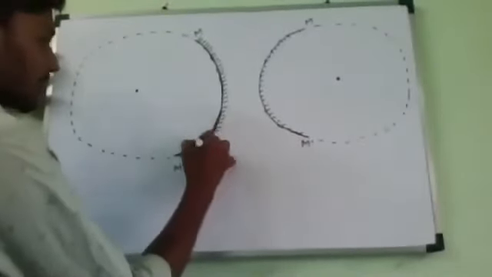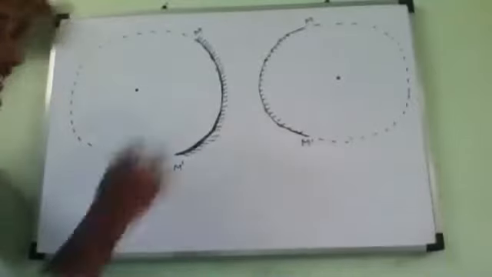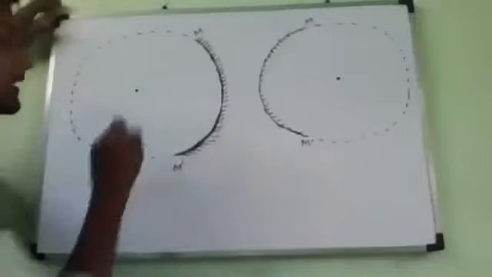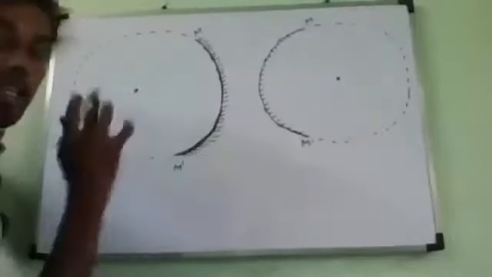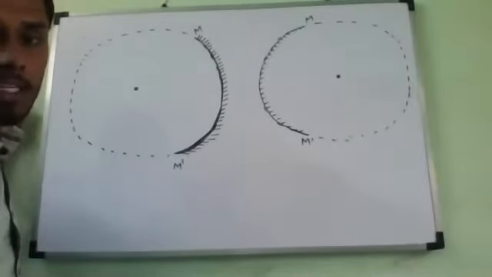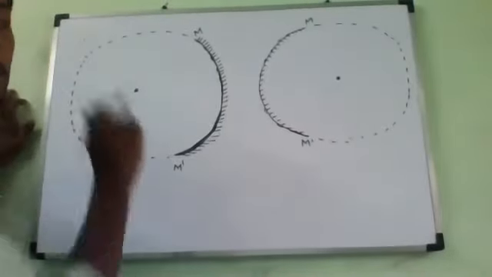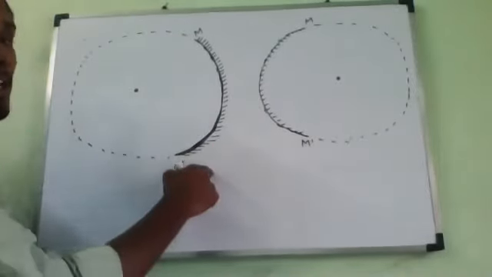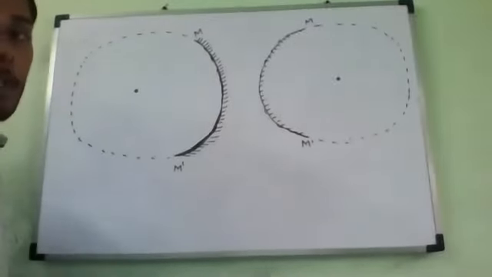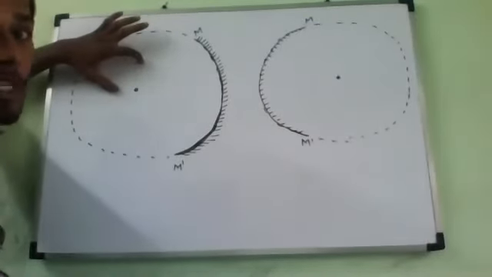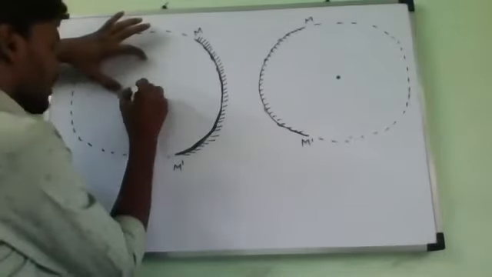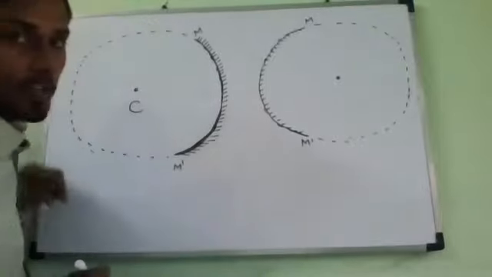When the mirror, concave or convex, is a part of a hollow sphere, whatever the center of the hollow sphere is, that is the center of curvature of the mirror. What should we call it? Center of curvature.